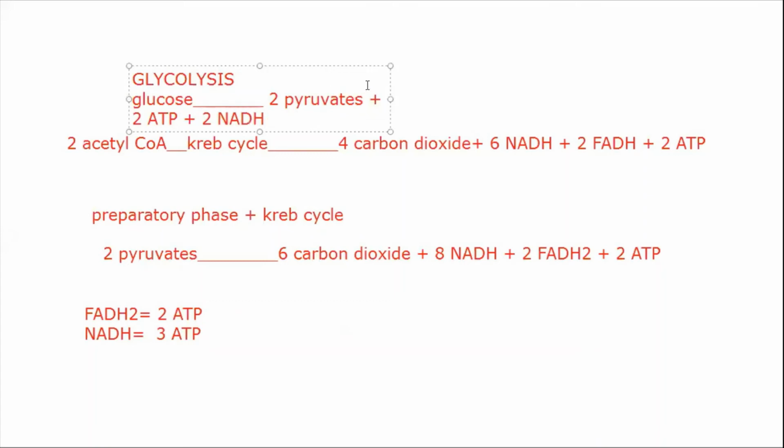So at the end of aerobic respiration, we are going to add all the products. Here we are interested in ATP and NADH. So 2 ATP, 2 NADH plus 6, so total plus 8. Total till now we have 10 NADH. 2 plus 2, we have 4 ATP and 2 FADH2. This is the total till the Krebs cycle. So keep this, I will give you a summary.